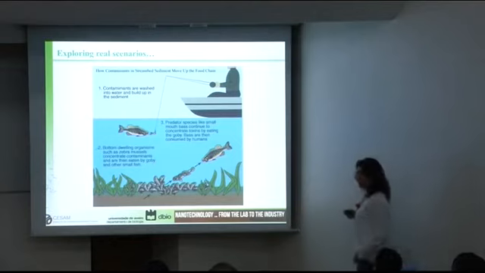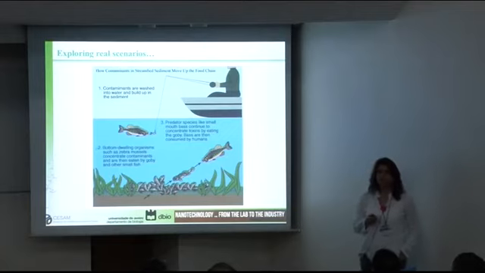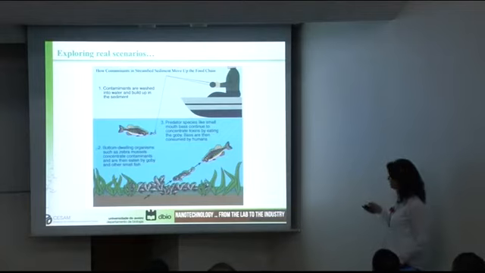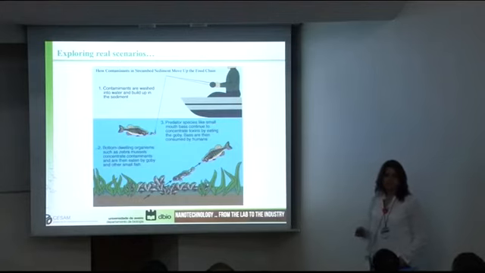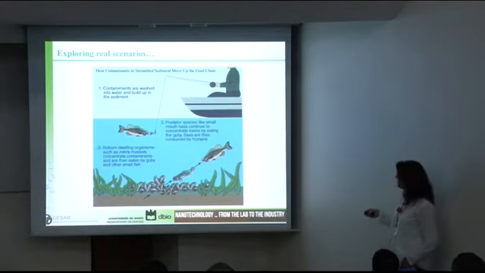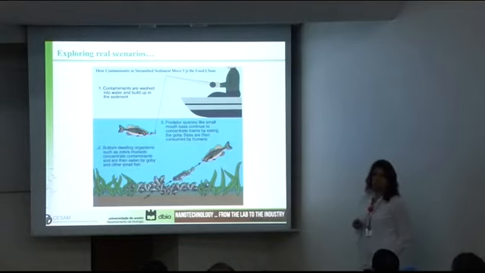So what we try to do by using our laboratory approaches is to simulate the real scenario. So here you have a real scenario where small fishes eat organisms that are on the top of the sediments. They are eaten by bigger fishes, and then we can eat those fish.